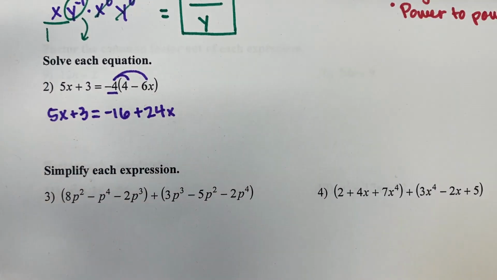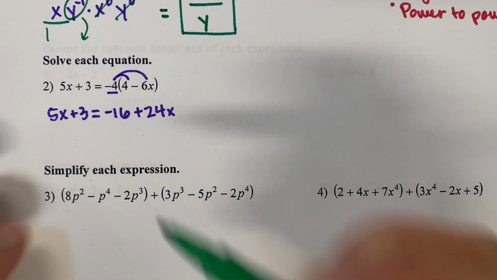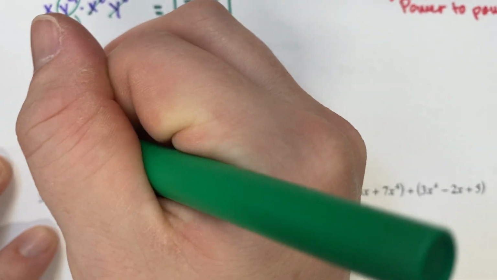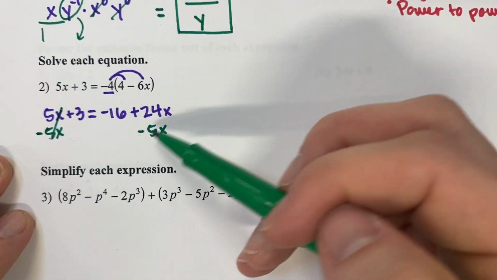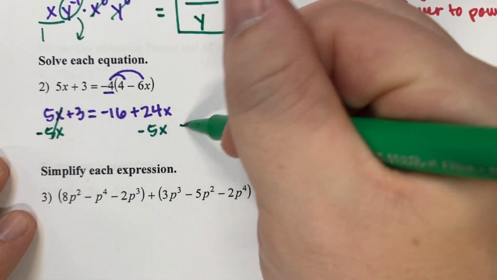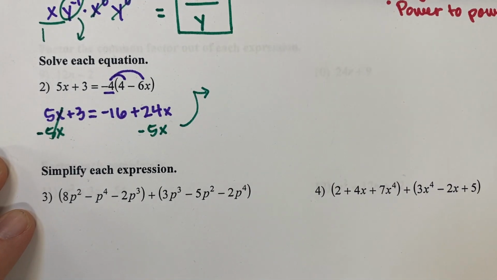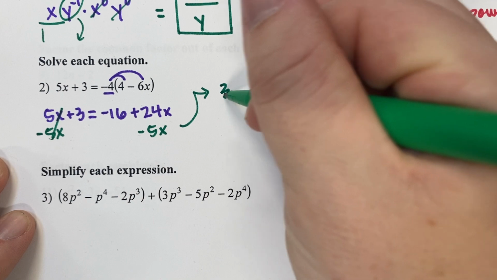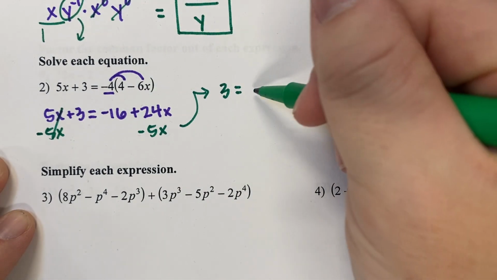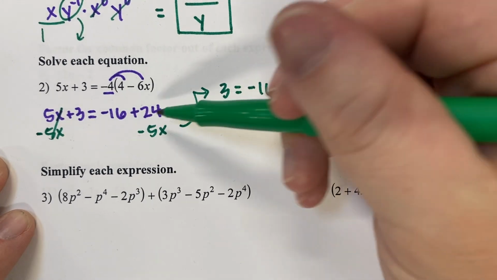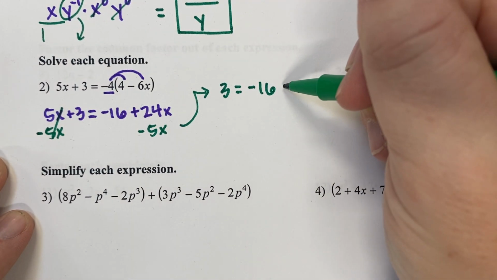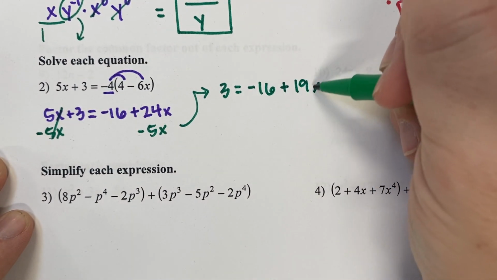I do this by the opposite of positive 5x, which is negative 5x, or subtract 5x. And I combine it with the x's over here. So I'll go ahead and just rewrite it over here to give us some more space. We have 3 left on this side of my equal sign. Negative 16, which we didn't affect at all. 24 minus 5 is positive 19x.